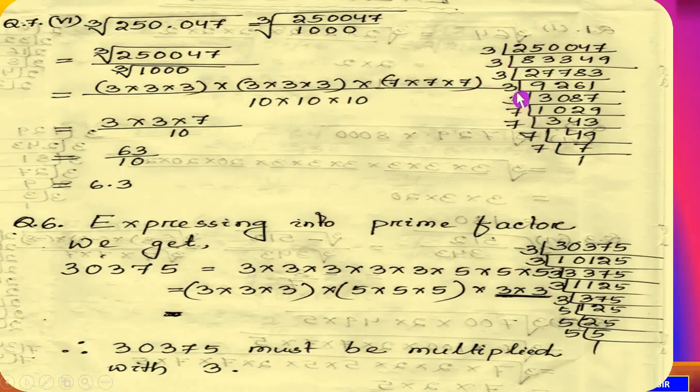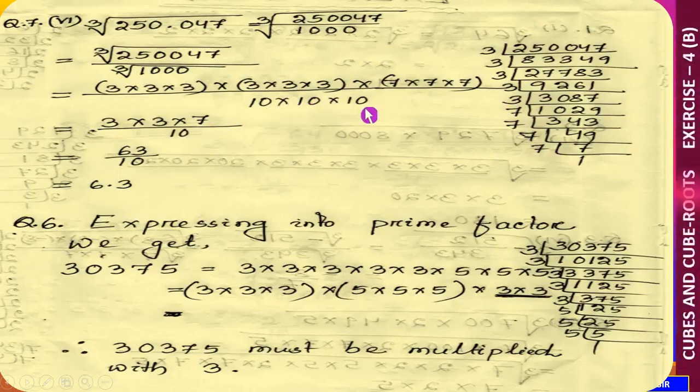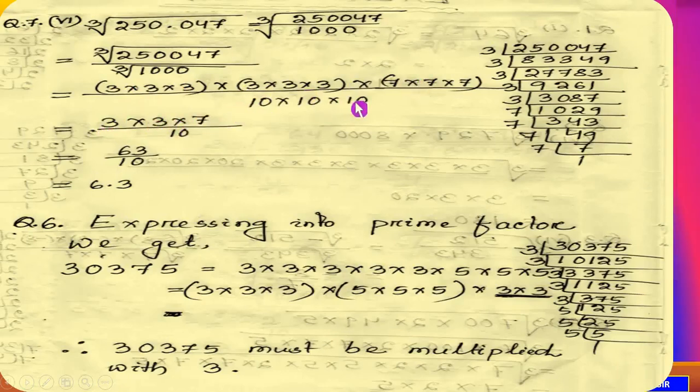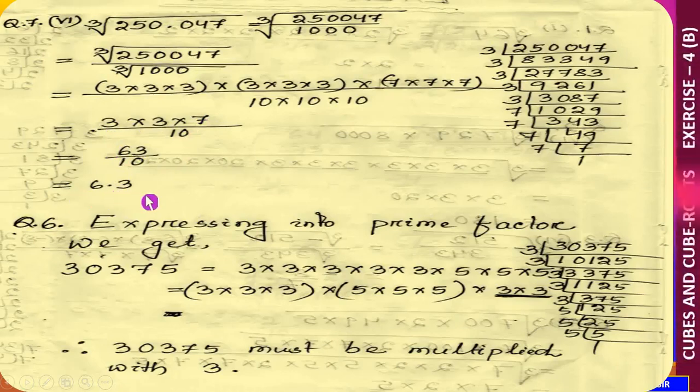So it is 3 into 3 into 3 into 3 into 3 into 3 into 7 into 7 into 7, divided by 1000, which can be written as 10 into 10 into 10. Now bring only one number from each triplet: from this triplet 3, from this triplet 3, from this triplet 7, divided by 10. So 3 3s are 9, into 7 is 63 by 10, which can be written as 6.3.